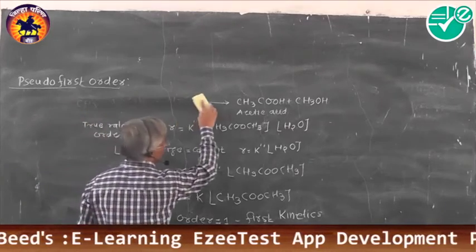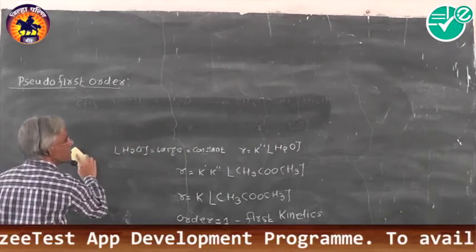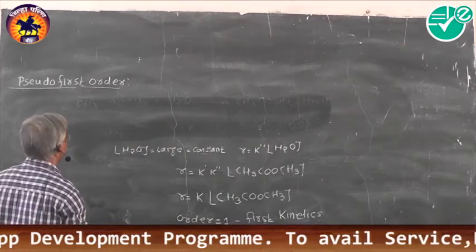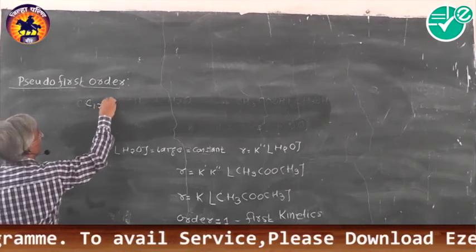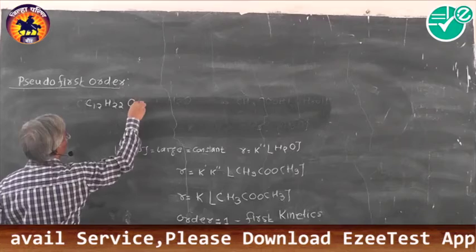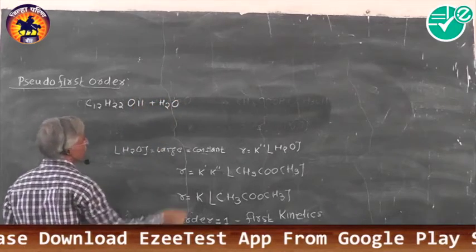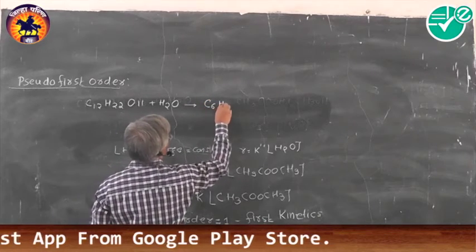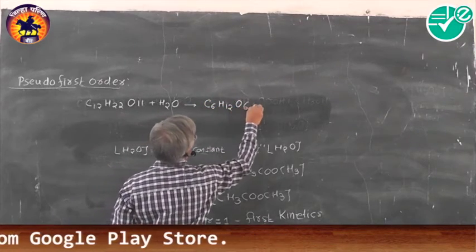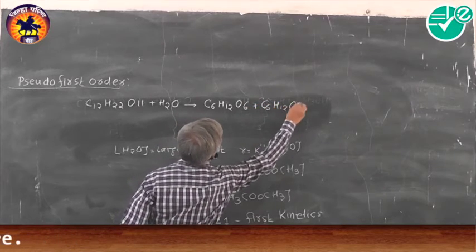We also have another example of pseudo first order in our syllabus, and that is sucrose getting hydrolyzed here into glucose and fructose, C6H12O6 and C6H12O6.